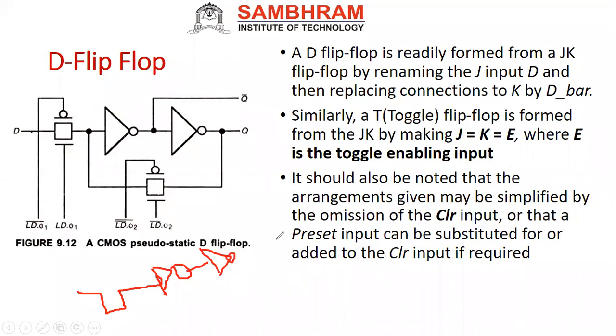Then we have one more NMOS here, which will be connected to here. This is nothing but your output Q. This will be your input D. Then here this will be a clock. This is also a clock.